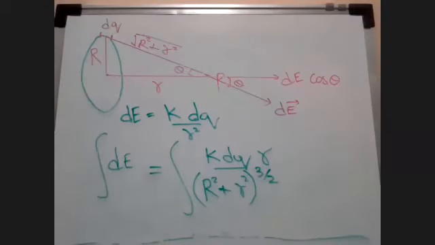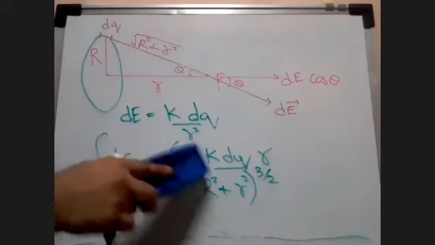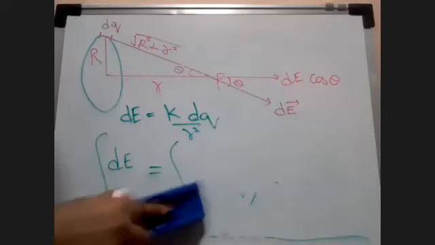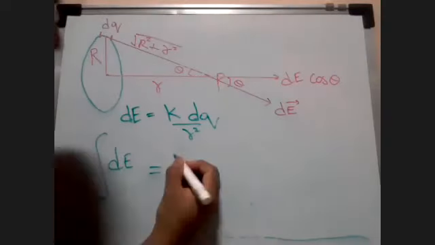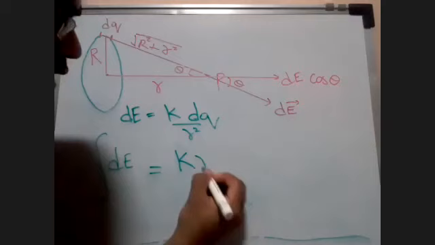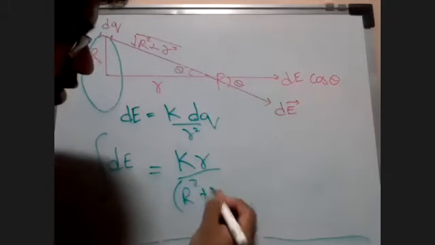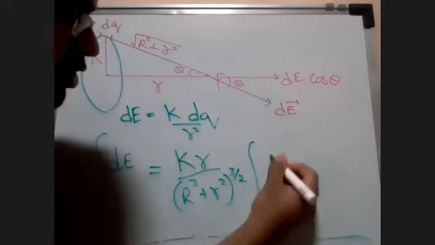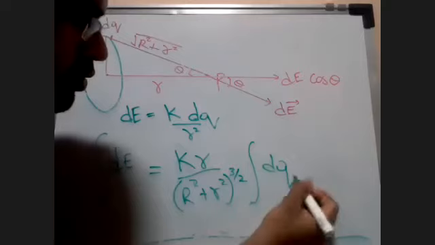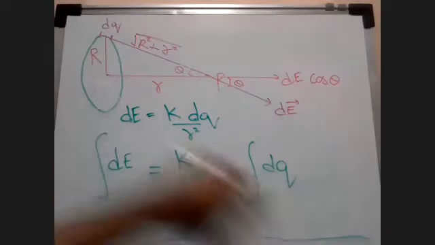So you simply get k R upon R square plus r square raised to 3 by 2, integration of dq.